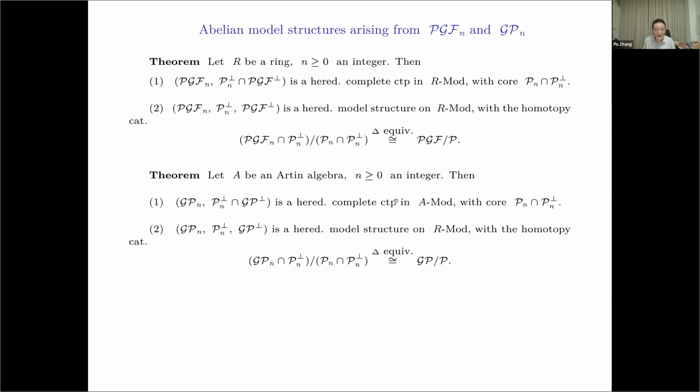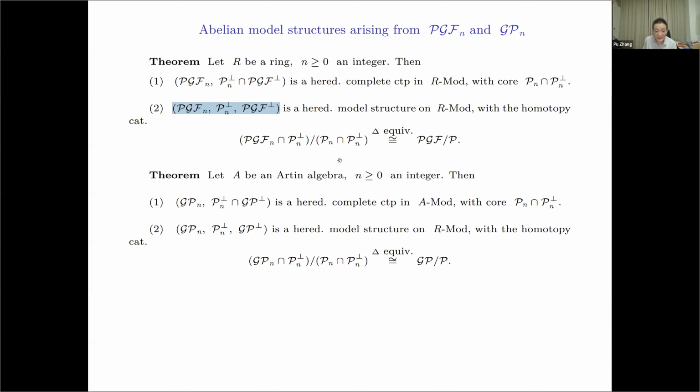So first, the Abelian model structure arises from this PGF and GP. That is for any ring. This is a hereditary complete cotorsion pair in the module category. The intersection is this, and this cotorsion pair can form an exact model structure. And this model structure is hereditary.